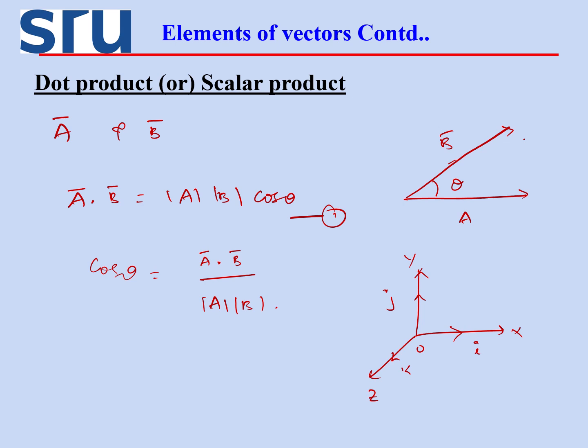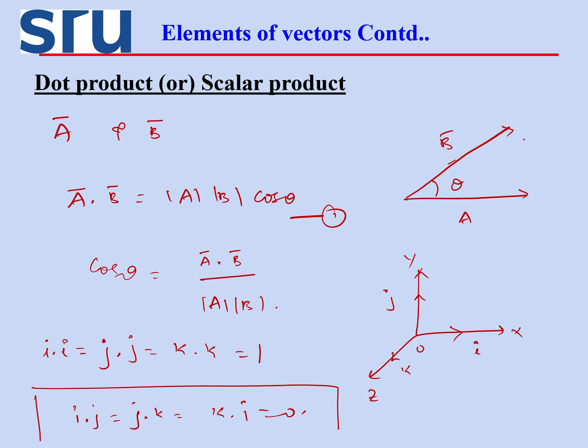So the dot product of these orthogonal vectors: i dot i equals j dot j equals k dot k equals 1, and i dot j equals j dot k equals k dot i equals 0.